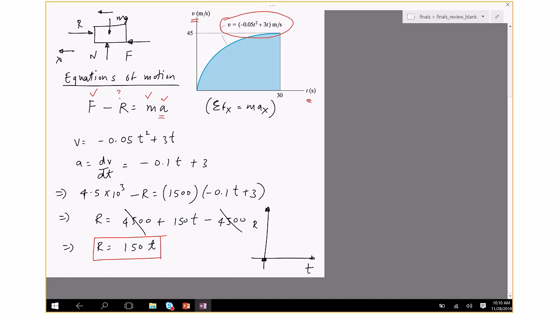And that's the equation of a straight line with a slope of 150.